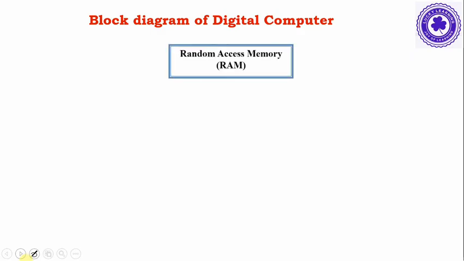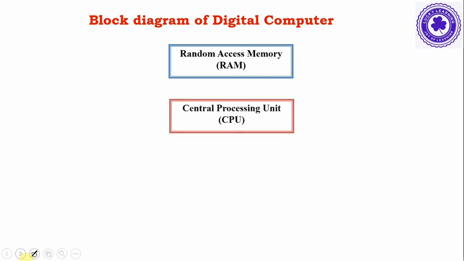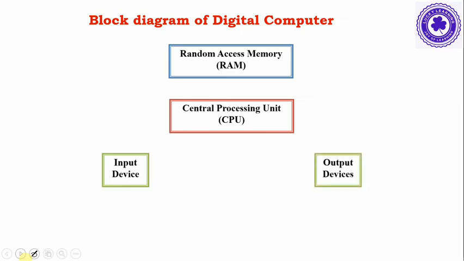Program instructions and data are available in the memory, which we call random access memory. And the central processing unit, consisting of ALU and control unit, performs computations. It requires input devices and output devices to send an input to the computer and to receive an output from the computer.